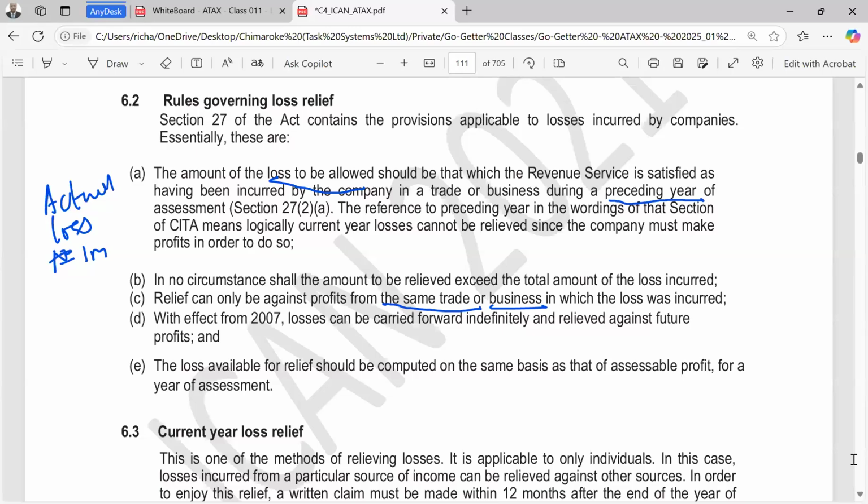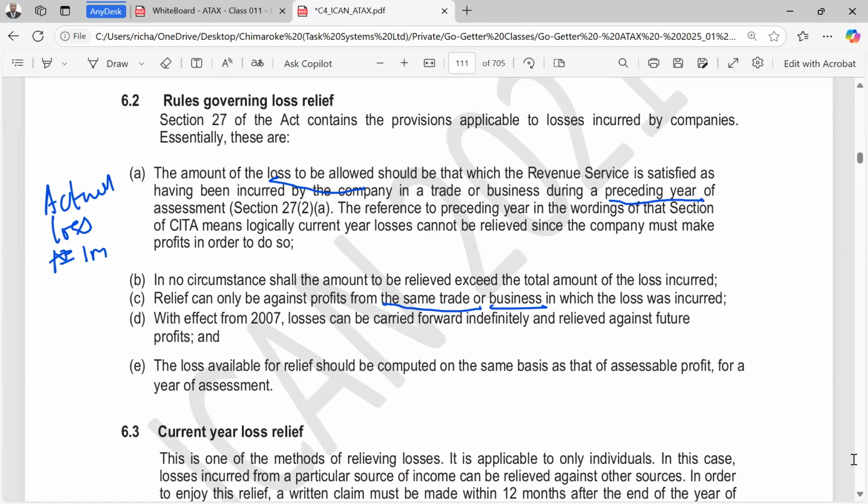And after 4 years, if you cannot relieve them, then you have lost them finally. But with effect from 2007, losses are carried forward indefinitely. As long as the business is a going concern, the losses will be carried forward and relieved against future profits.